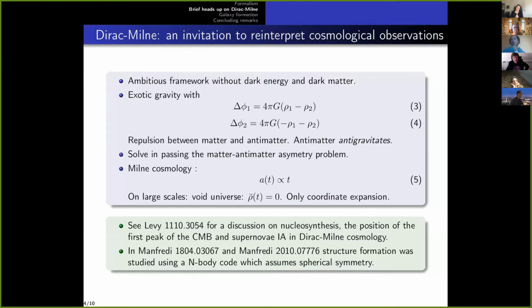So in that case, as I mentioned before, you end up with equations 3 and 4, where you have the two species, matter and antimatter, which gravitate in some strange way. And compared to the usual Poisson equation, you see my mouse, right? I guess yes. Okay. You see there is a bunch of minus signs here.